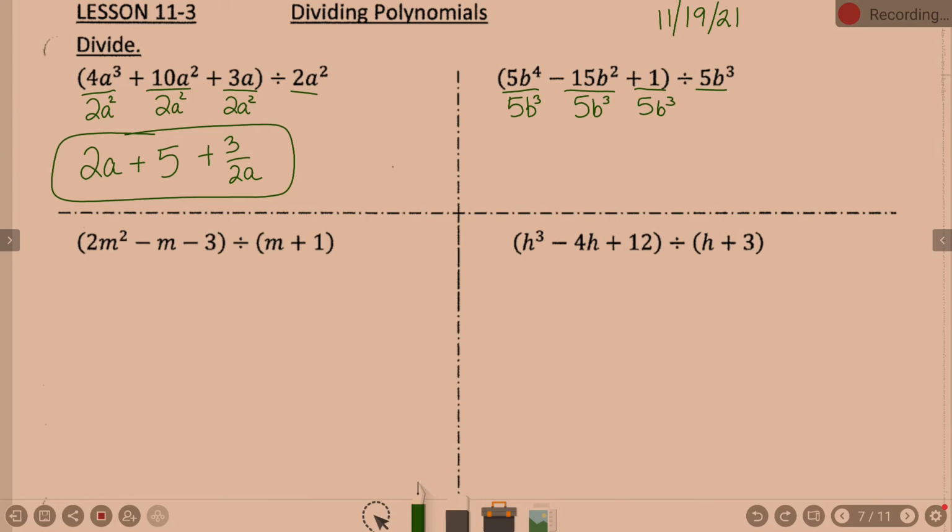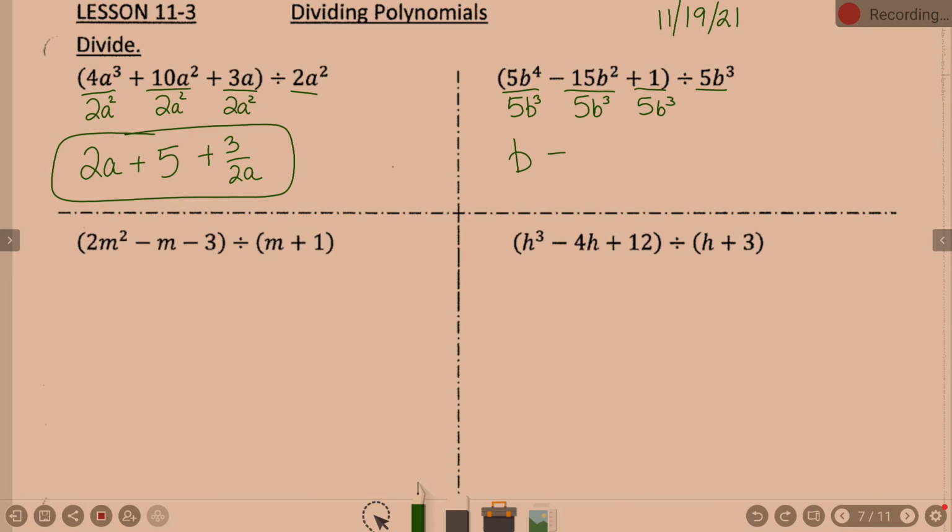And that's because, again, we're dividing by a monomial, by one term. 5b to the fourth divided by 5b cubed. 5 divided by 5 is 1. b to the fourth divided by b to the third, we got b left. Minus this time.